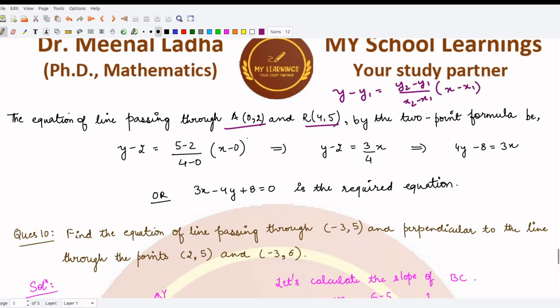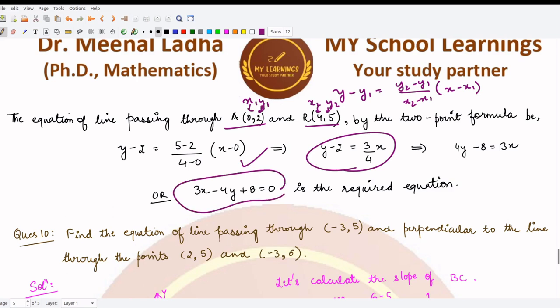Substituting the values here, this is your x1, y1, x2, y2. Substitute the values into this equation, simplify, and rearrange to get the required equation. I hope you understood this question.